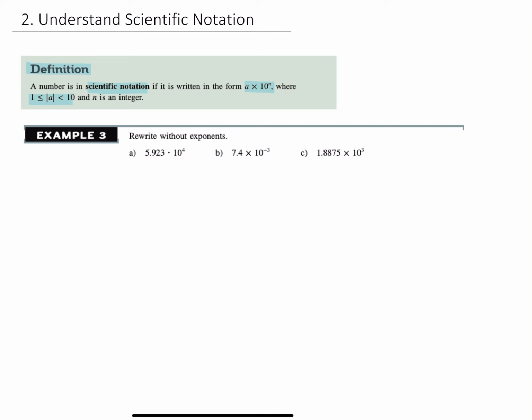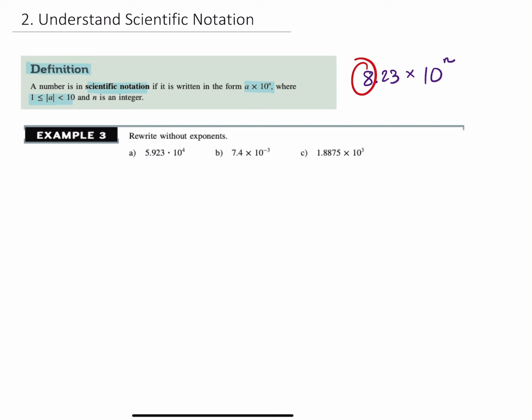Meaning whatever we have times 10 to some power needs to look something like a single number, maybe with some decimal places. But it's this number that they're saying is in between 1 and 10.